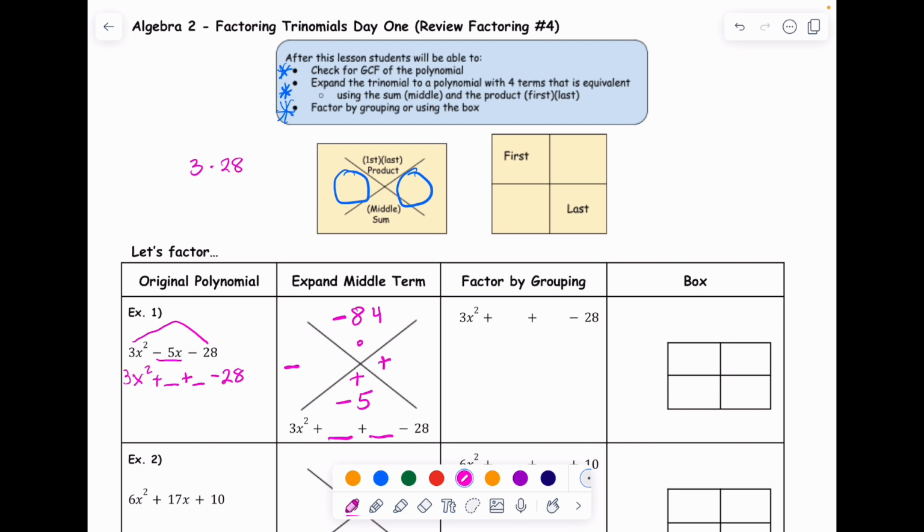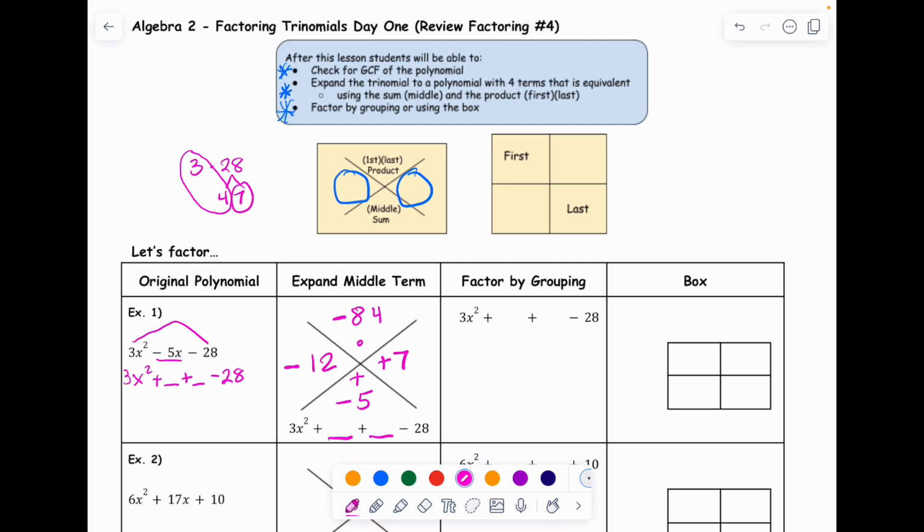You could have taken this 28 and broken it down to 4 times 7. Right? And then 4 could be 2 and 2. But really, right now, when we look at 4 times 7, we see 12 and 7, whose difference is 5. So as we break these down, we notice that we do have a factor, which is 12 and 7, that would work out here.